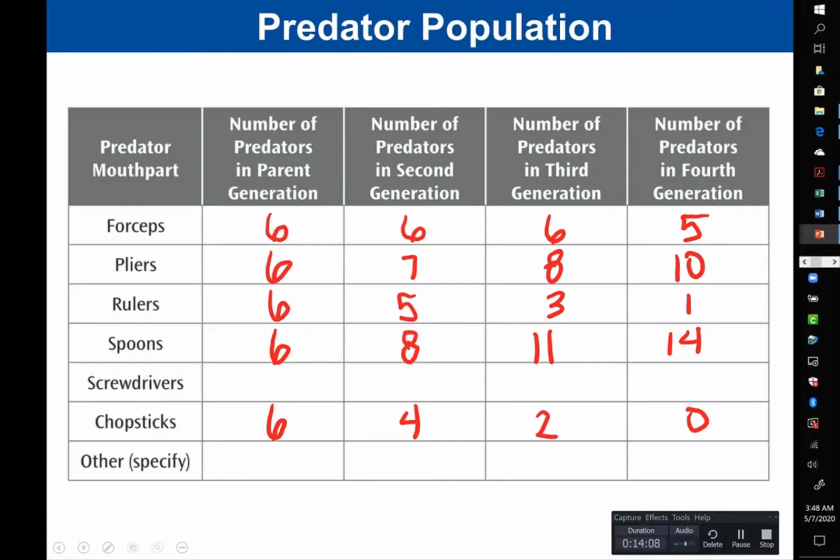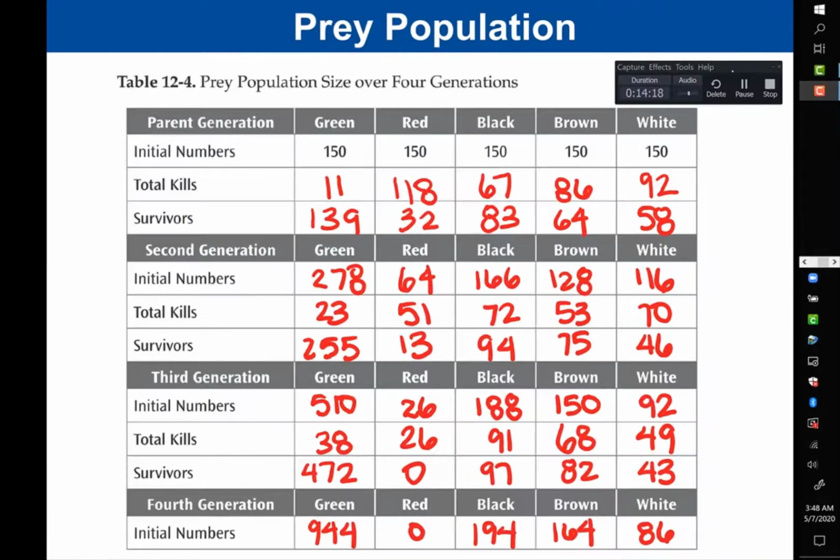Now let's look at the prey table. Here is our prey table, right? And so what we're looking at is the prey population over time. When you're graphing this part, it's a little bit confusing to know which part you should be graphing. Again, we're looking at the prey population over time.